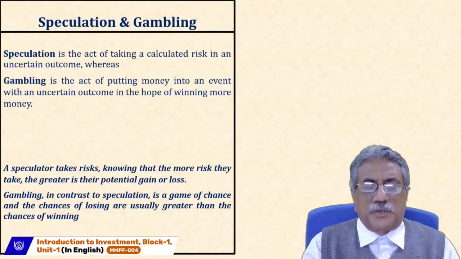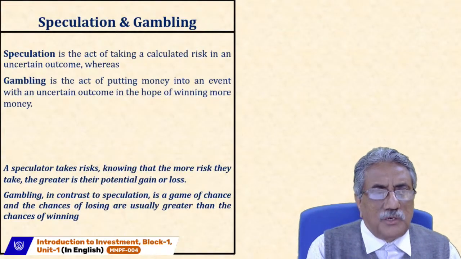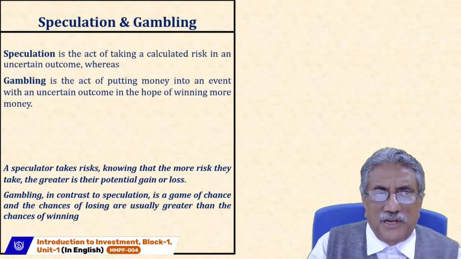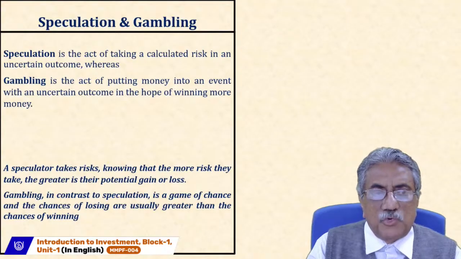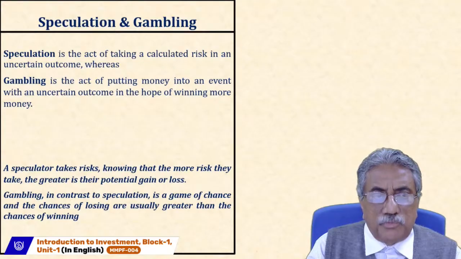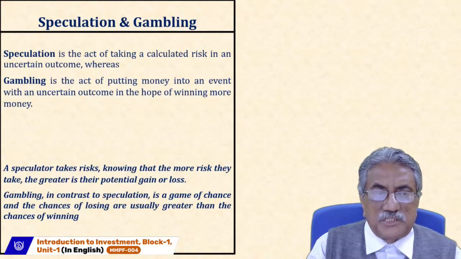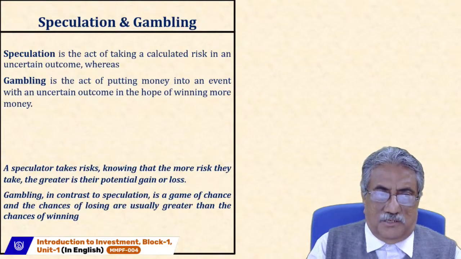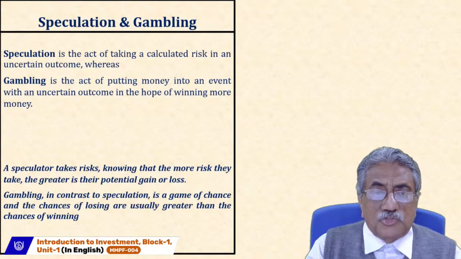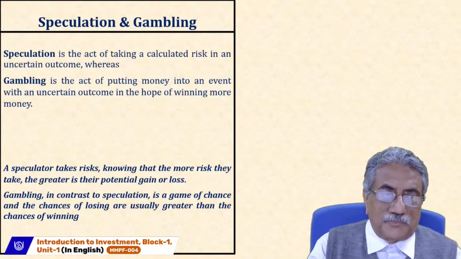So let us look at the speculator. I am a speculator, and I find there is a rainy season, there is very good rain. If there is good rain, there will be good cultivation. If there is good cultivation, then there will be demand for fertilizer, demand for pesticides and other things. So those stocks may go up.